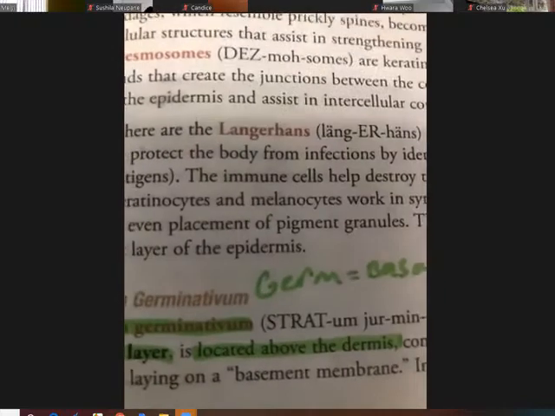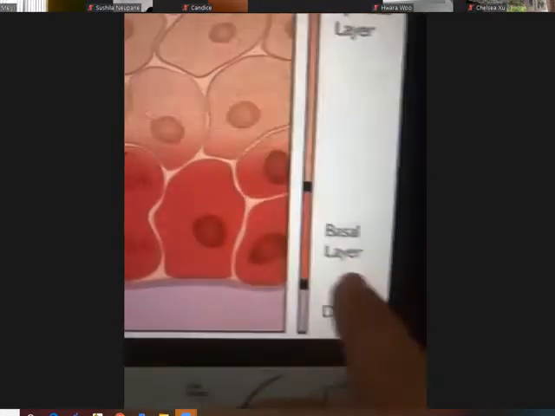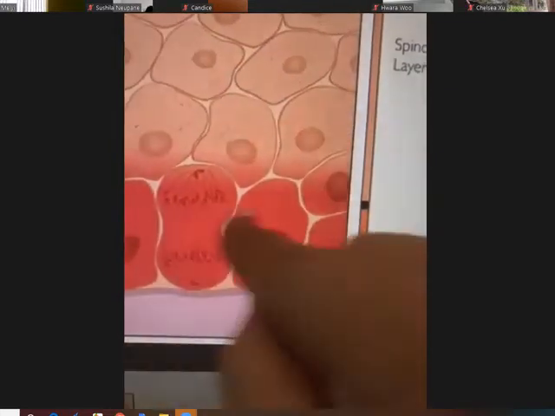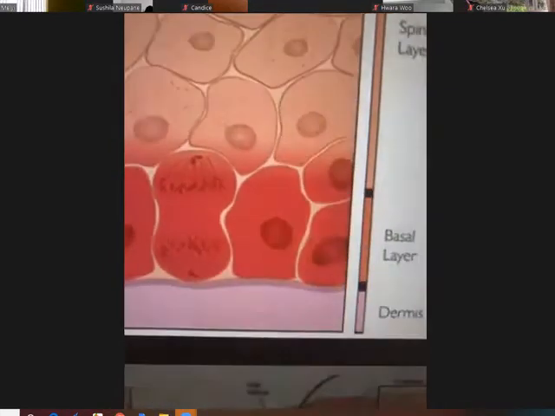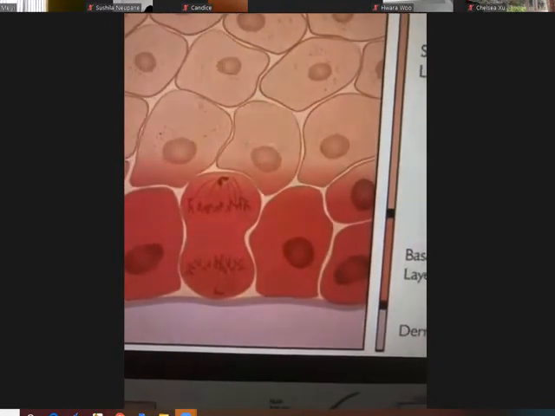You can see here that in the basal layer, the cell starts to split into 2.